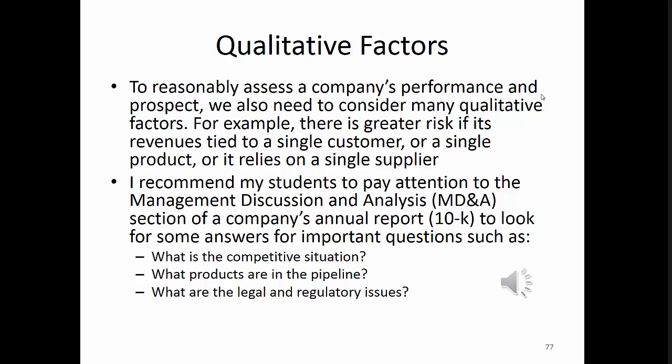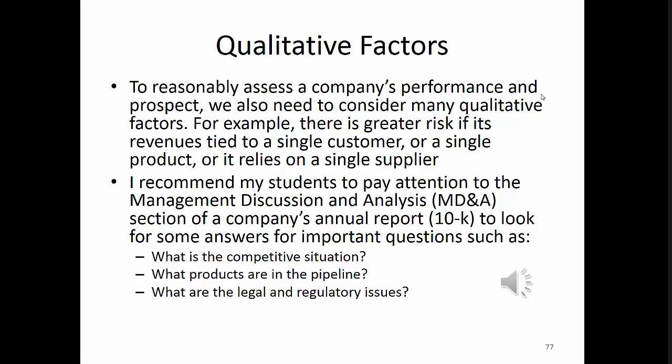Last but not the least, to reasonably assess a company's performance and prospects, we also need to consider many qualitative factors that are not necessarily reflected in the financial statement numbers or ratios. For example, there is greater risk if the revenue of a company is tied to a single customer or a single product, or it relies on a single supplier.